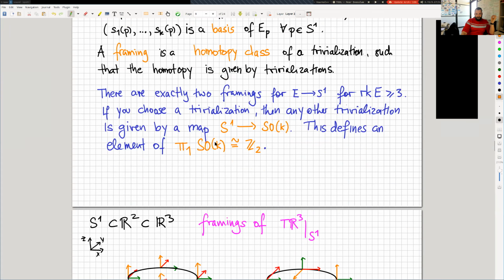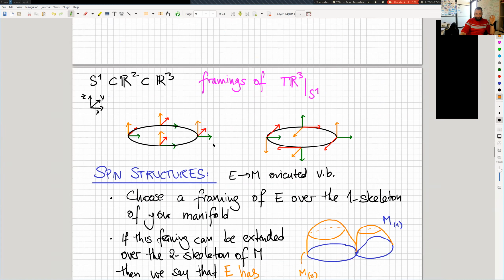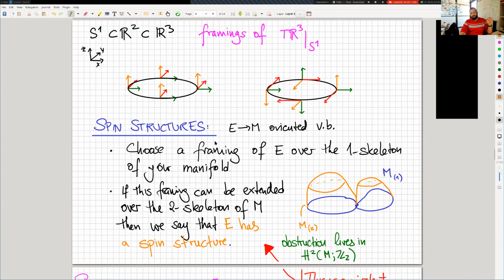And if it's trivial over the one skeleton, you can take a framing over the one skeleton, and you can ask: can I extend this framing to the two skeleton of this manifold? This is a question you can ask in a manifold.